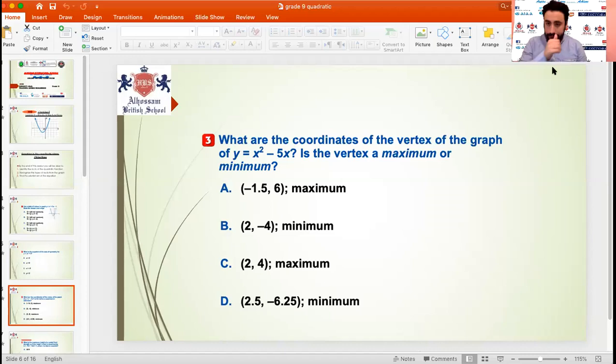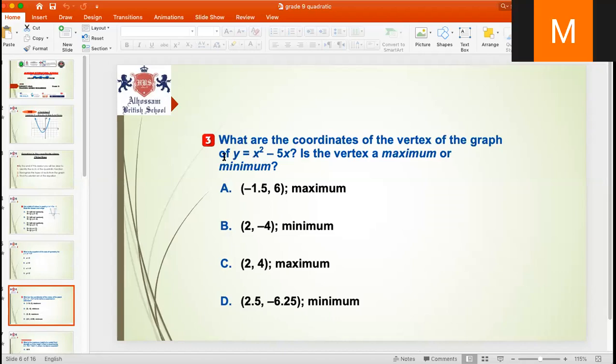We said the last time, if x power 2 in the function is positive, that means the function has a minimum value. And if x power 2 is negative, then the function has a maximum value. Power 2 positive, minimum. X power 2 negative, maximum. The opposite.